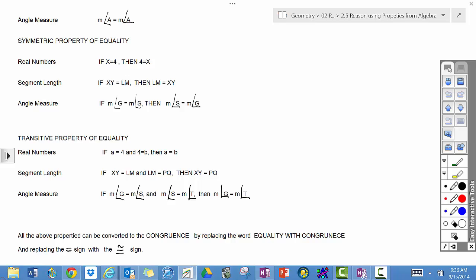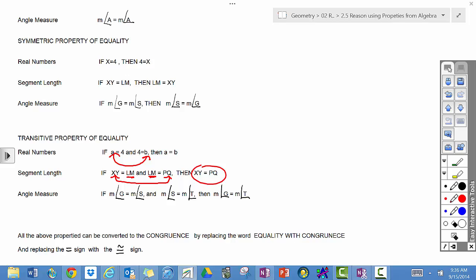If A equals 4 and 4 equals B, then A equals B. Is that common sense? Same thing with segment length. If xy equals lm and lm equals pq, then these two equal each other.